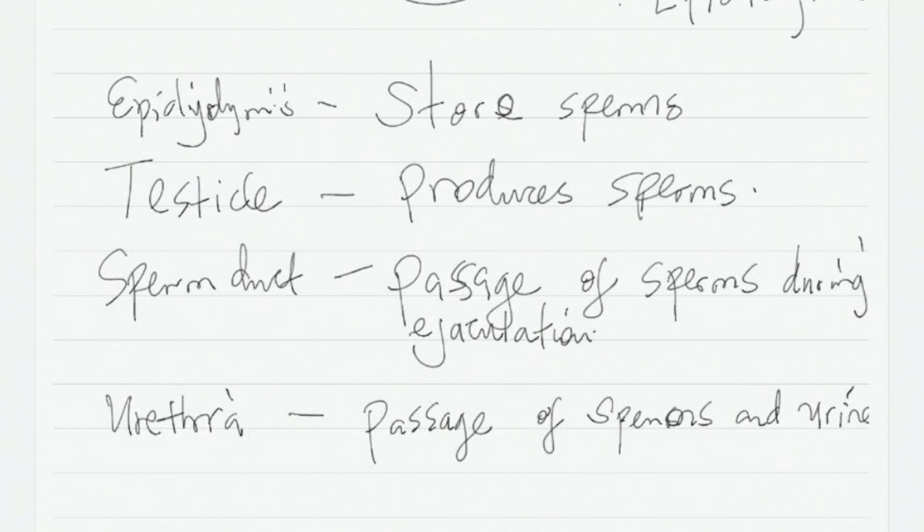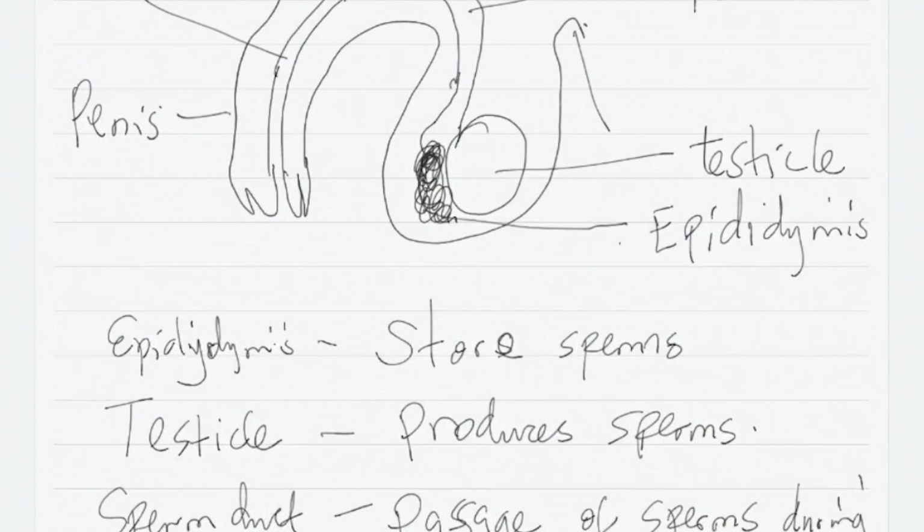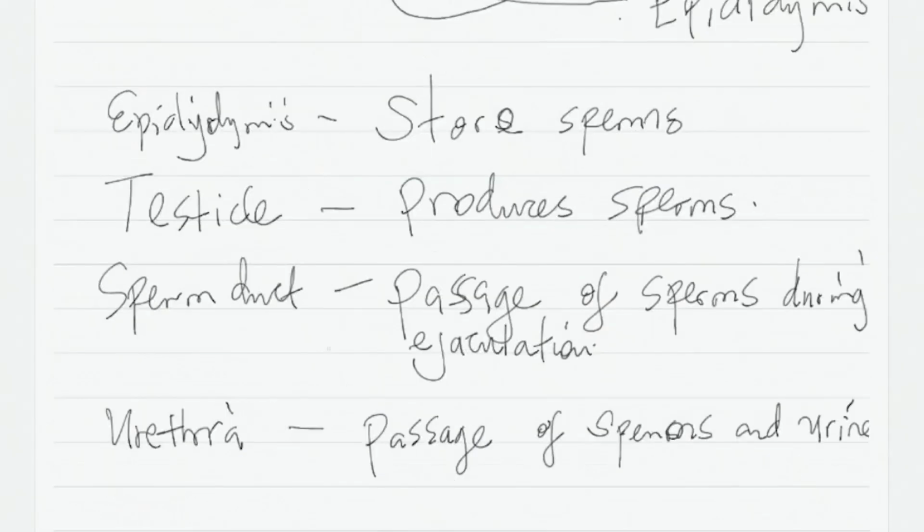As urine is coming from the bladder, going out, it has to pass through the urethra. And as sperms are passing from the epididymis to the vagina, they also use the same route.